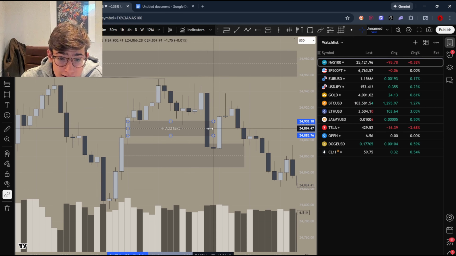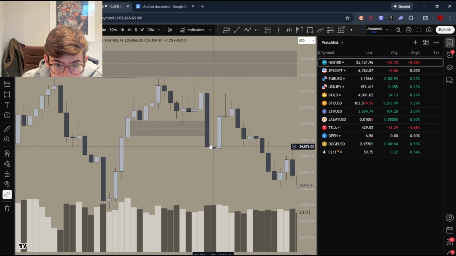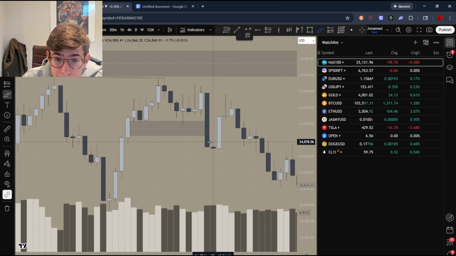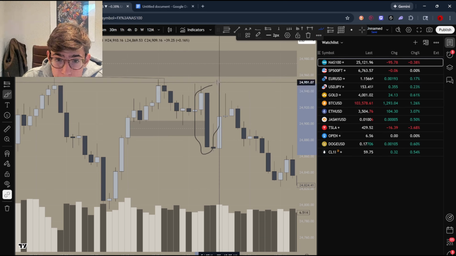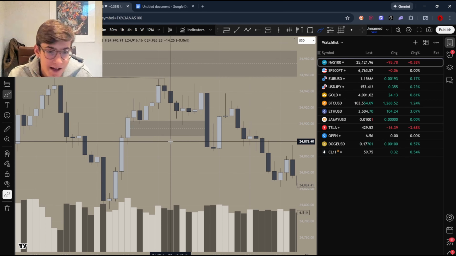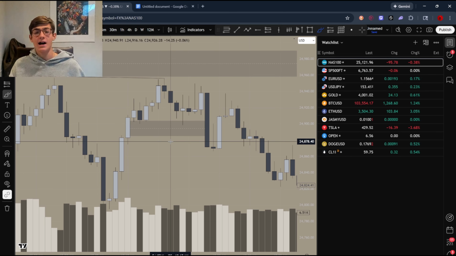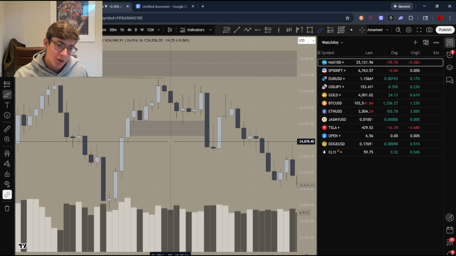But then here, we close below it, on this candle, below this fair value gap. That can be a confirmation we're invalidating bullish fair value gaps, invalidating buying power. So when we close below it, that could be a signal for a continuation to the downside.